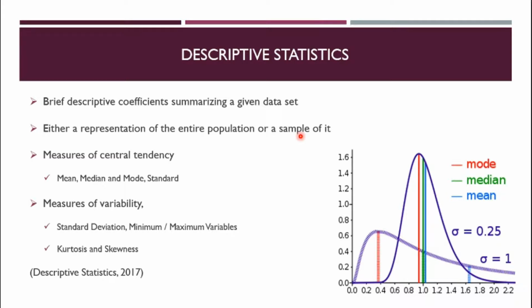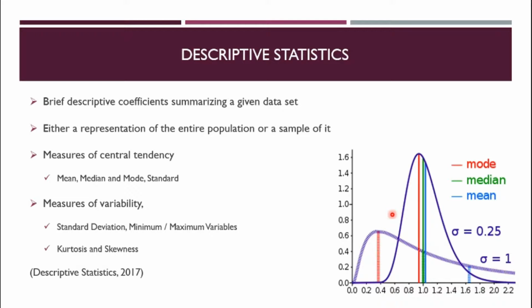Now there are two methods in descriptive statistics. The first is central tendency, where mean, median, mode, and standard come under it. The second is measures of variability, because the values keep on changing, such as standard deviation, minimum, maximum, and the kurtosis and the skewness.